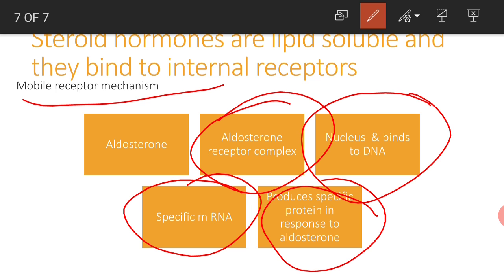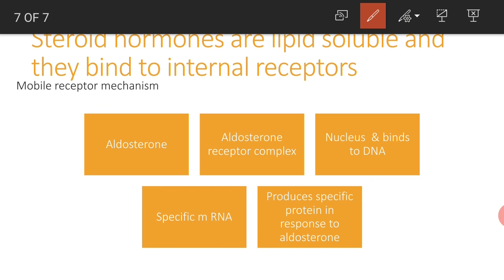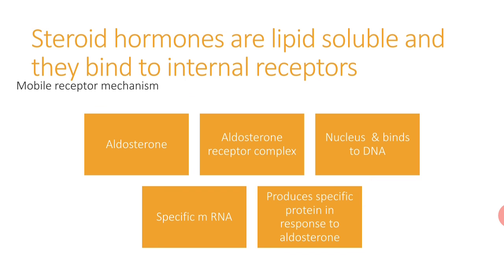It directly enters into the cell and gets bound to the intracellular protein receptor, and after entering into the nucleus it binds to DNA at a specific site. Like that, specific mRNA is produced, and this specific mRNA with a specific triplet code produces the specific protein in response to aldosterone. So this is how the steroid hormones work.